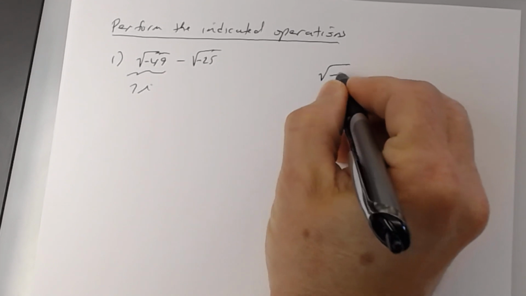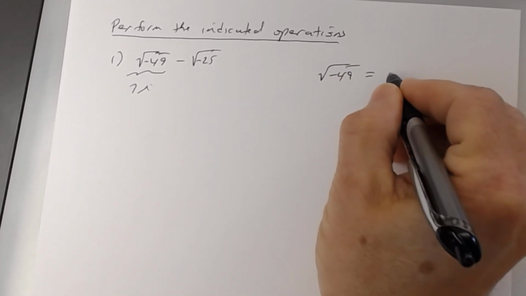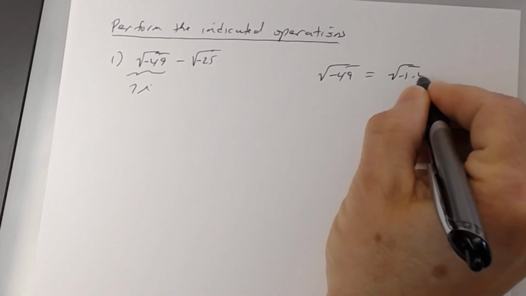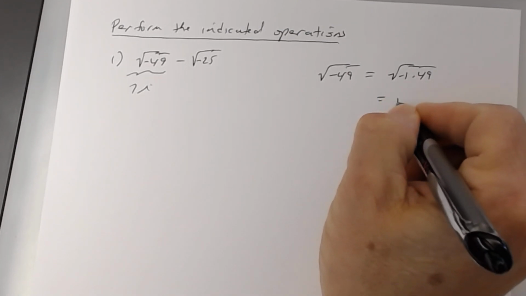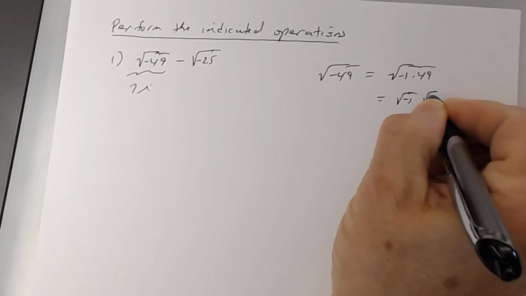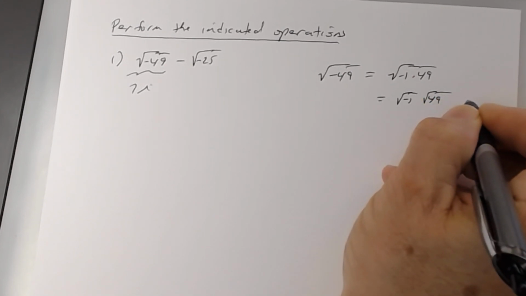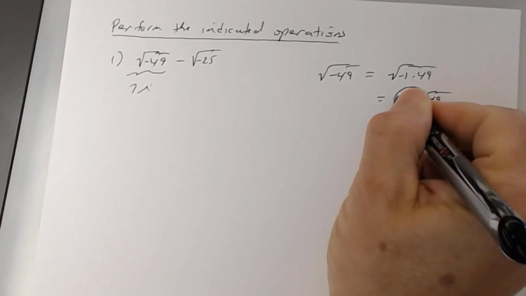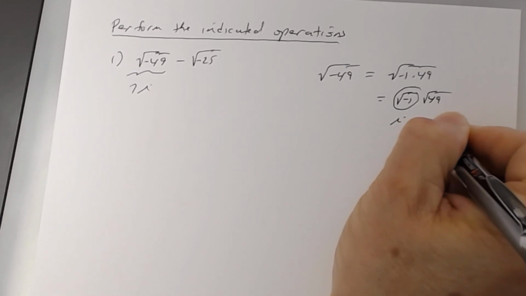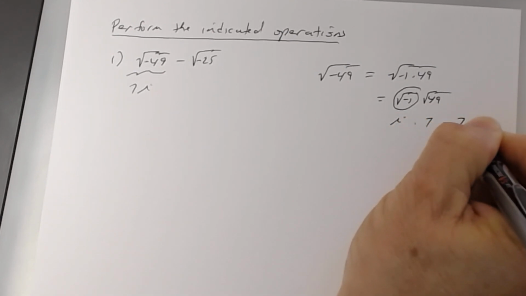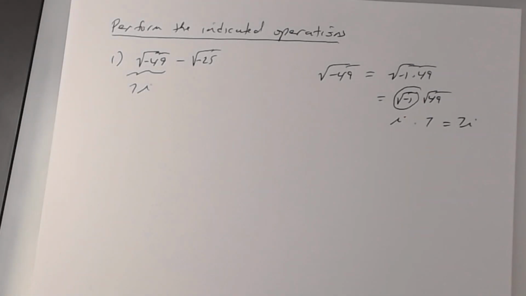We said the square root of a negative 49 is the square root of a negative 1 times 49, right? Which, when you break it apart, is the square root of a negative 1 times the square root of 49. Right? And what's the square root of a negative 1? i. What's the square root of 49? 7. So that's just 7i. So that was what we talked about last class period.